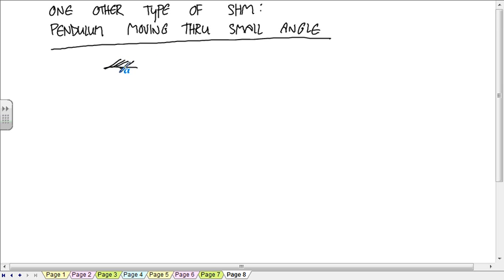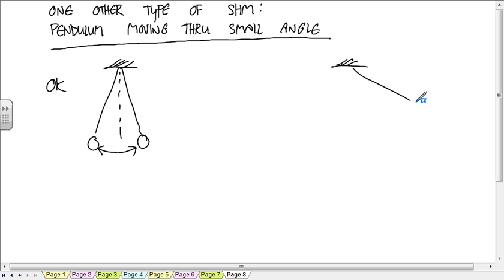Okay, so the small angle part means going through a motion like this is okay for our calculations, but something like this, our calculations would give really bad results.